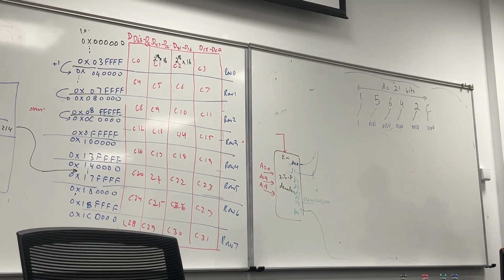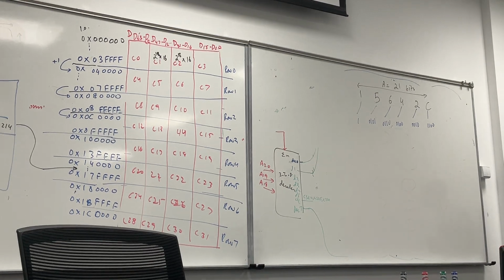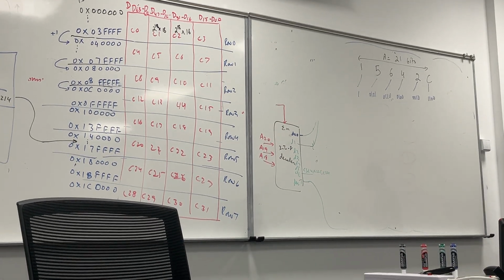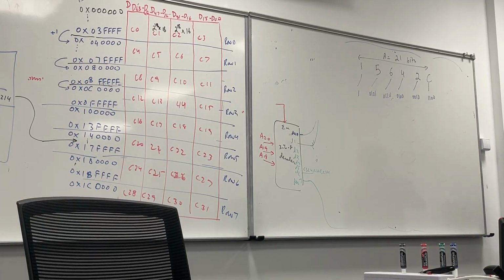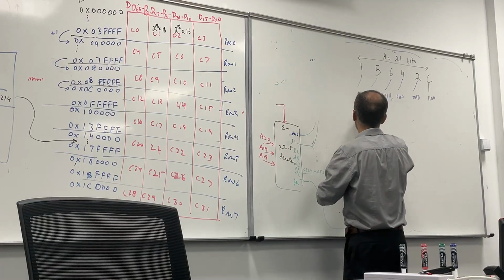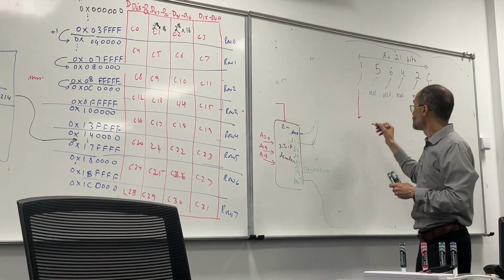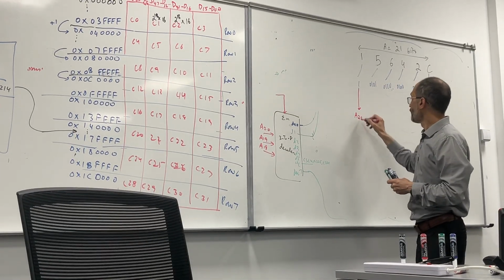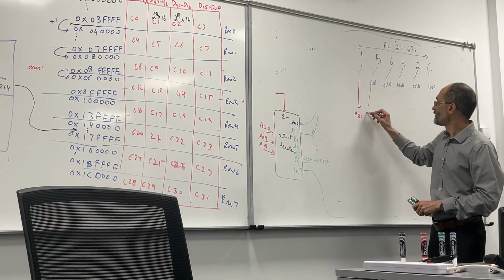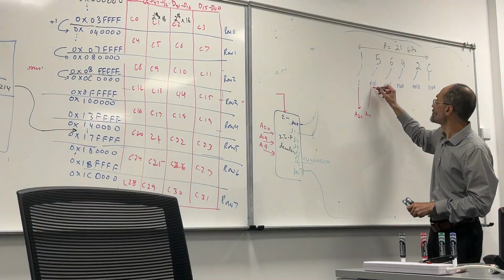Am I right or not? Yes or no? Yeah, this is digital system, I'm just repeating digital system. Now, please remember, if you look at here, what is this thingy? This is A20. What is this thingy? A19. What is this thingy?